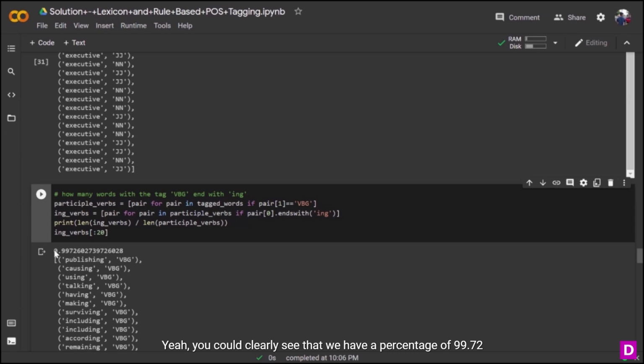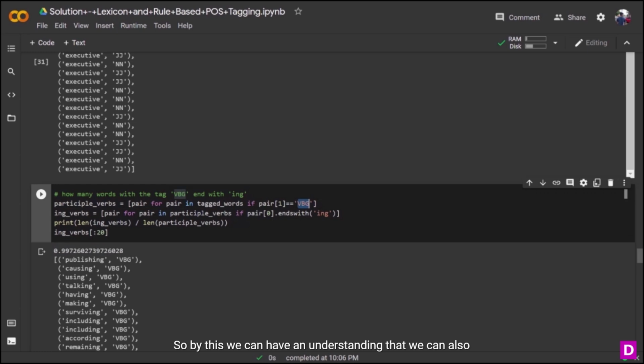Yeah, you could clearly see that we have a percentage of 99.72, which indicates that whenever a verb ends with ing, the corpus has already tagged it with the POS tag VBG.